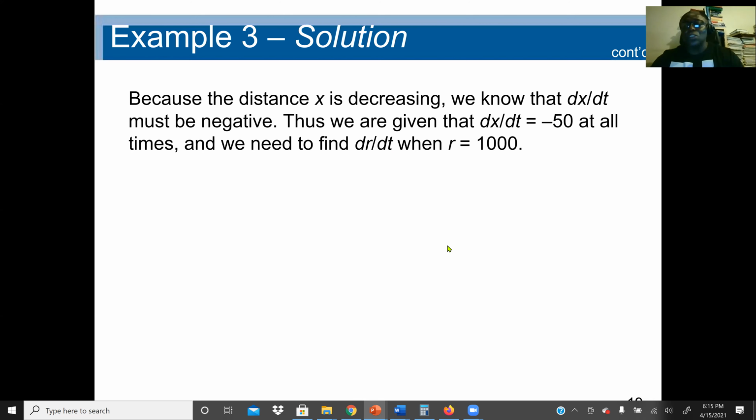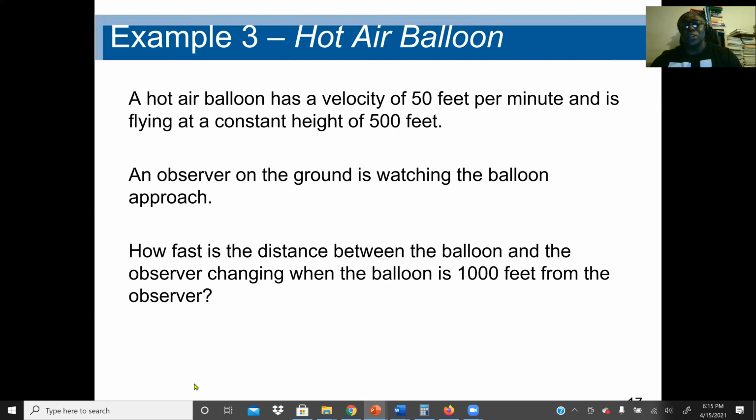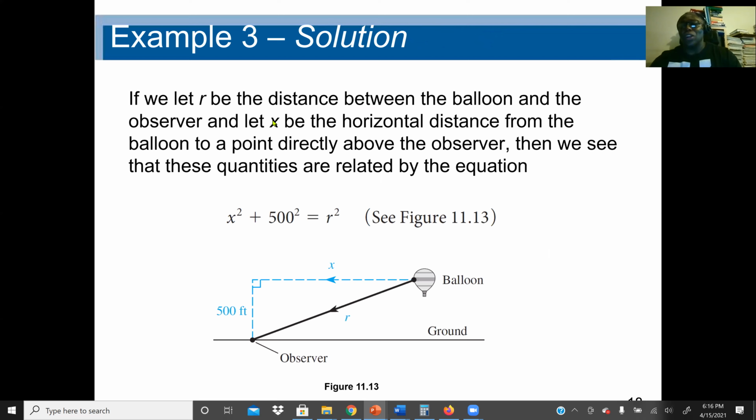That value is given to us: how fast is the distance between the balloon and the observer changing when the balloon is 1,000 feet from the observer. And the balloon has a velocity of 50 feet per minute at a constant height of 500 feet. So we have the values now.